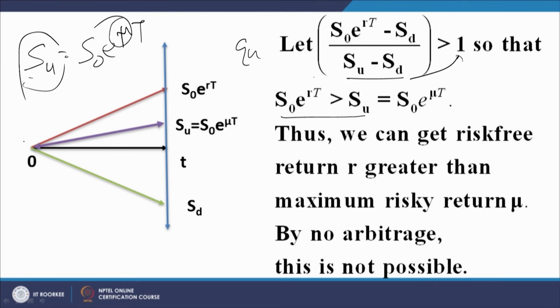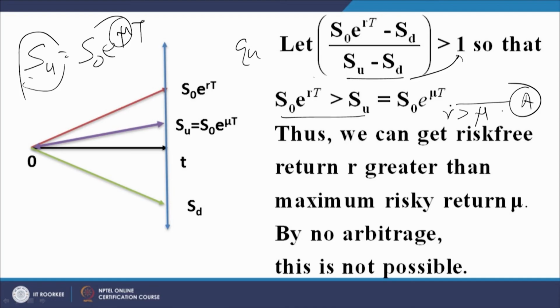Now, if you look at this expression, let me call it equation number A again, what do we have? We have r is greater than mu. It means that the risk free return, the absolutely certain return that you are getting in this model is higher than the maximum return that would be possible on investment in the stock.